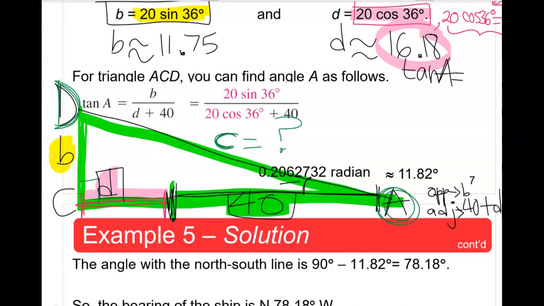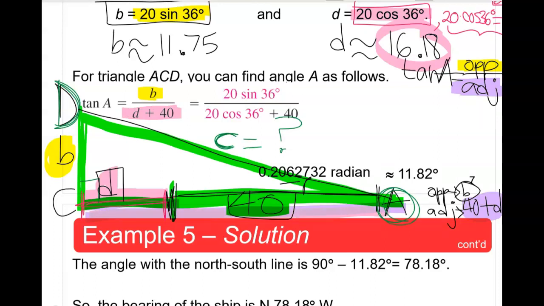Because tangent is opposite over adjacent, and we're saying that opposite is B. Opposite right here is the letter B. And we're saying that the adjacent is going to be 40 plus D, which is this whole side. 40 plus D, and that is what we see here. Or D plus 40, same thing.